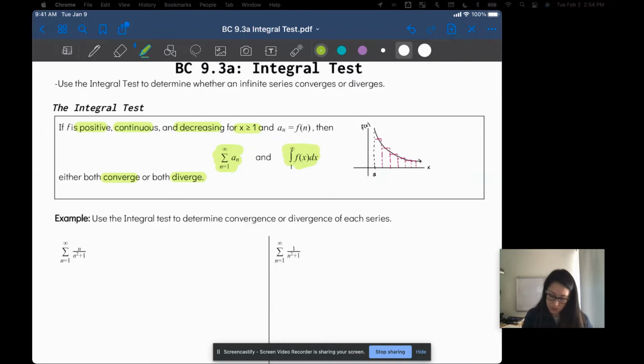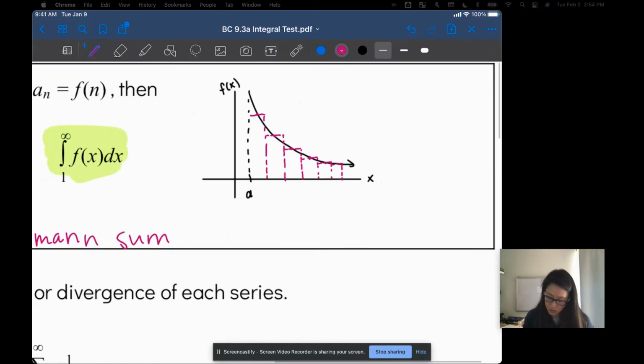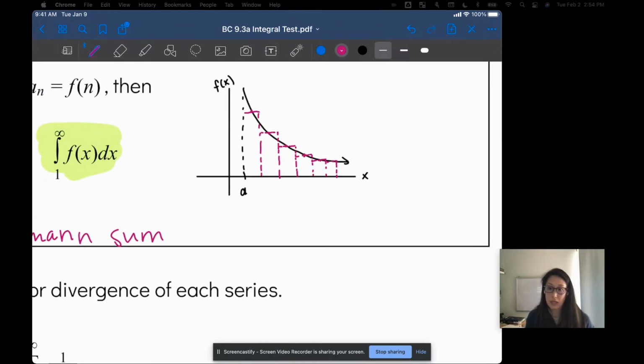And we can use this test because basically what we're looking at with a summation, think about it as an infinite Riemann sum. So if I take the geometric look at the area under the curve, I'm going to make a rectangle, and I'm going to add up all these different little rectangles under the curve.